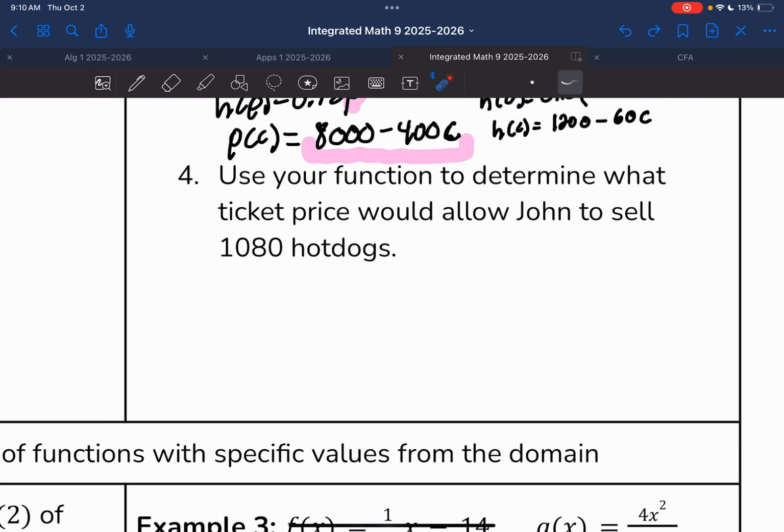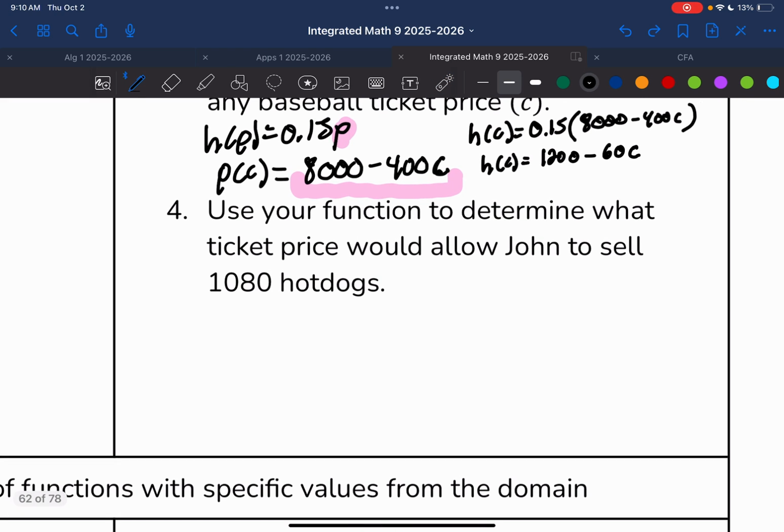All right, so now we want to use this function to determine what ticket price would allow John to sell 1,080 hot dogs. Well, so now we have the output of the function h of c, right? We know he's going to sell 1,080 hot dogs, and we need to set that equal to 1,200 minus 60c, because that's our function that tells us for any cost to the game, for any ticket price, how many hot dogs are sold.